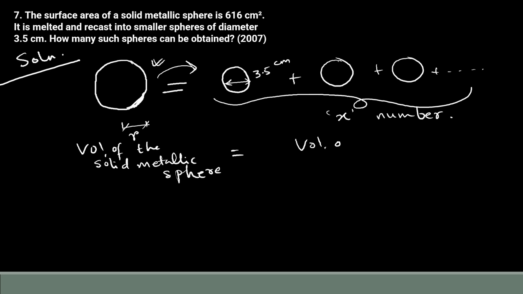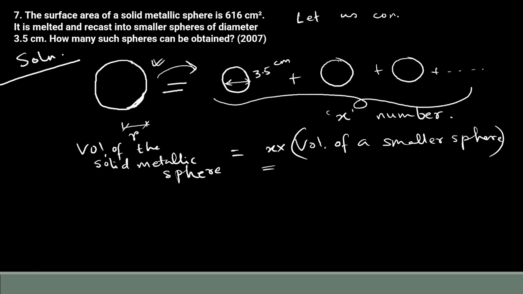So basically the volume of a smaller sphere, and since all are equal, you have to multiply it with x. You need to find the value of x. Let us consider x number of such spheres can be obtained.